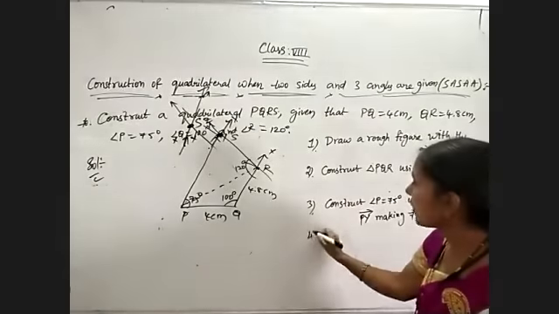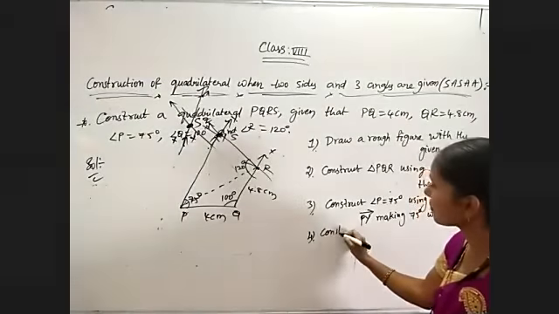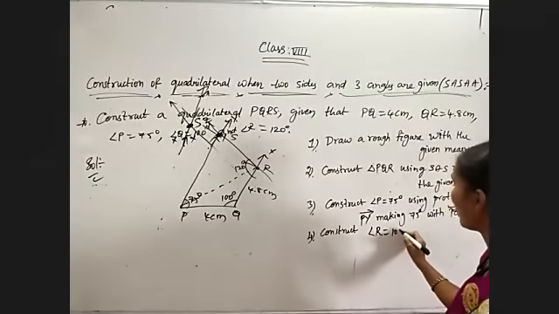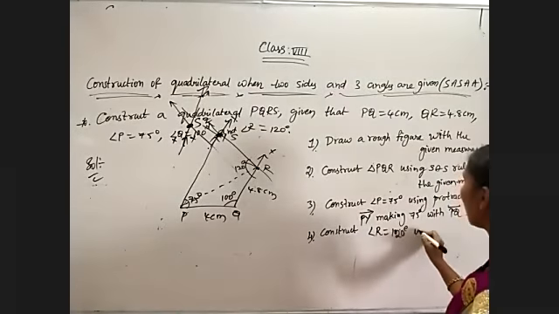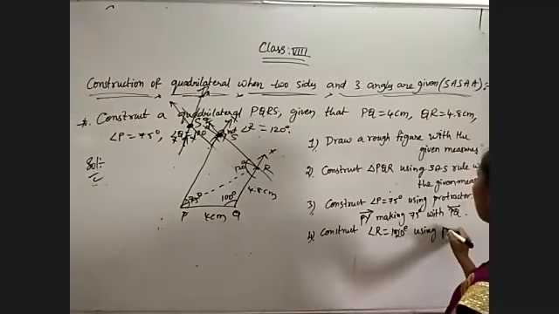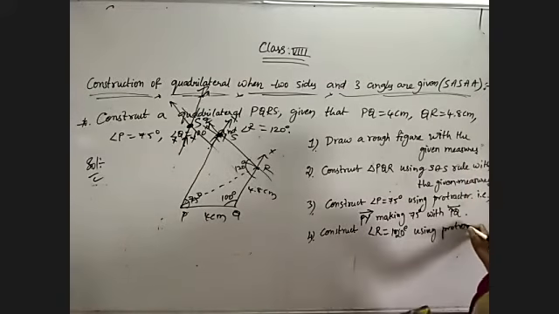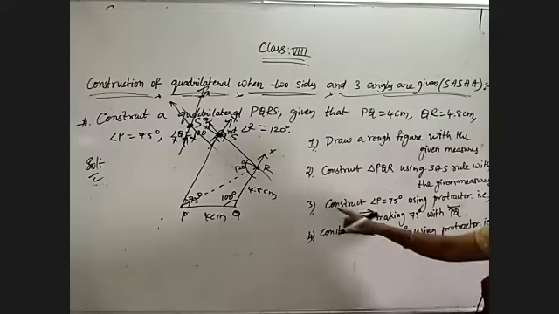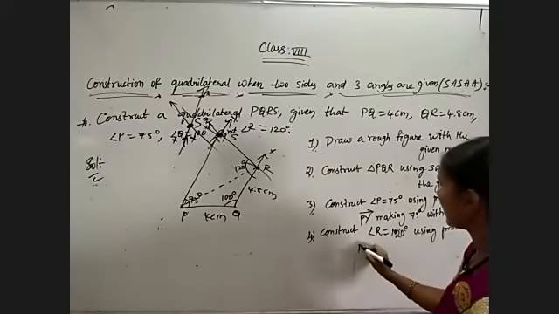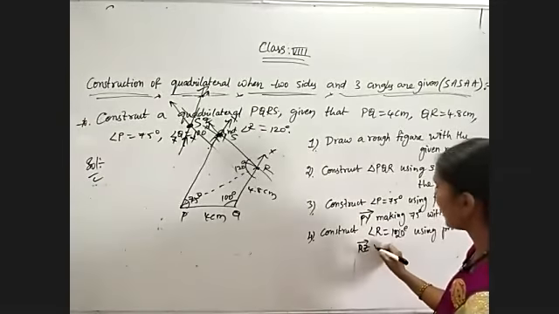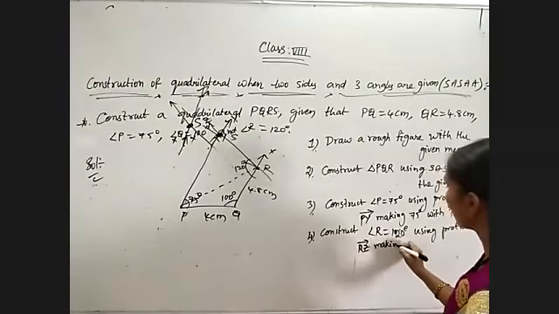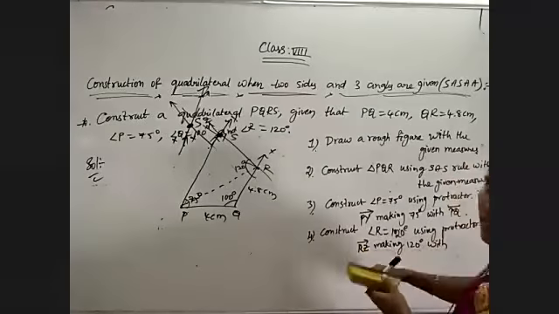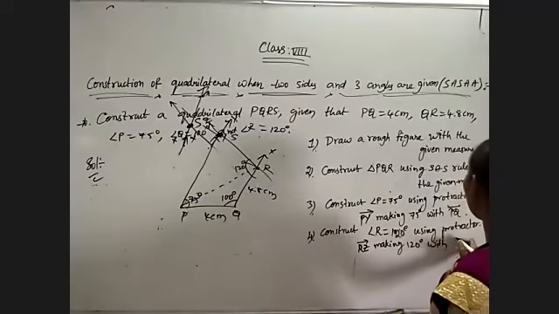Now the fourth one, construct angle R equal to 120 degrees using protractor. So here I have used protractor only. That is ray RZ making 120 degrees with line segment RQ, otherwise QR.